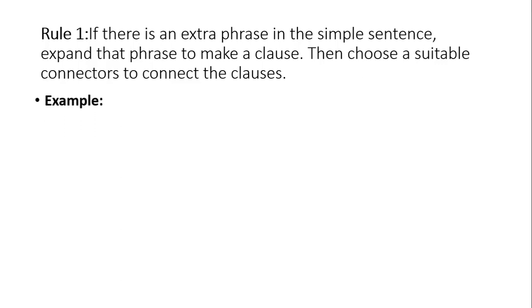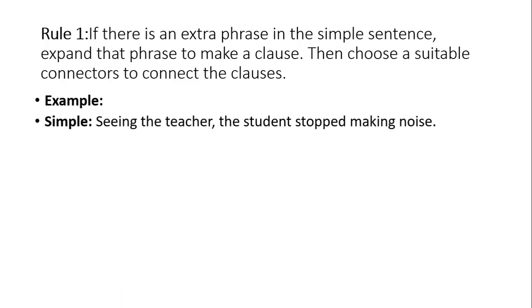So here you have an example. Seeing the teacher, the students stopped making noise. So if there is an extra phrase in the simple sentence, expand that phrase to make a clause. So which one is the extra phrase? Seeing the teacher.